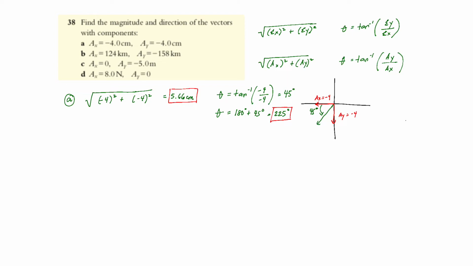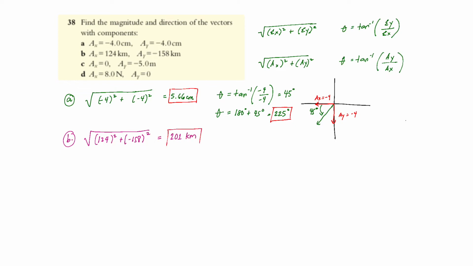Now how about letter B? For letter B, still the same formula: 124 squared plus negative 158 kilometer squared, then get the square root. The answer would be 201 kilometer.